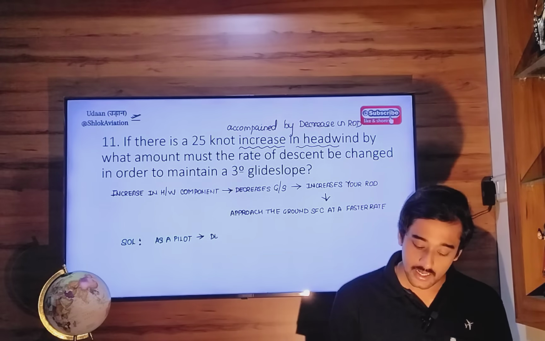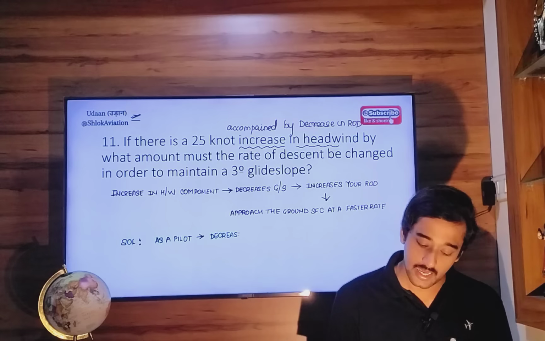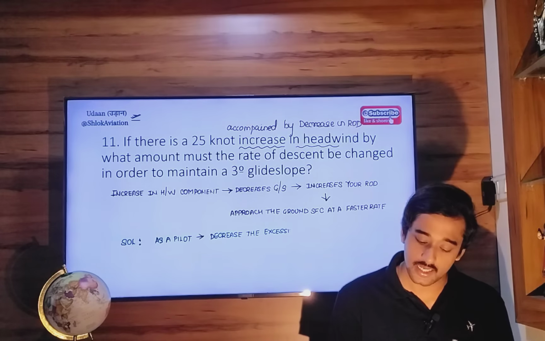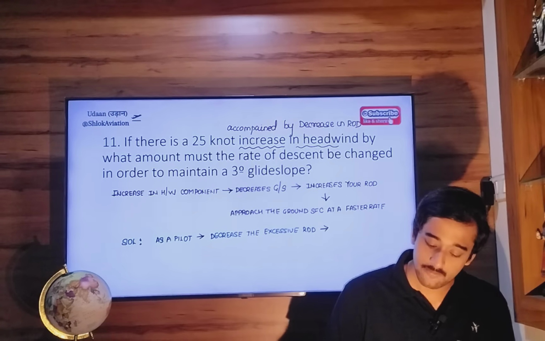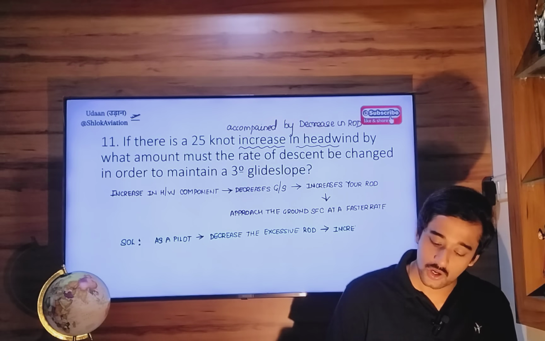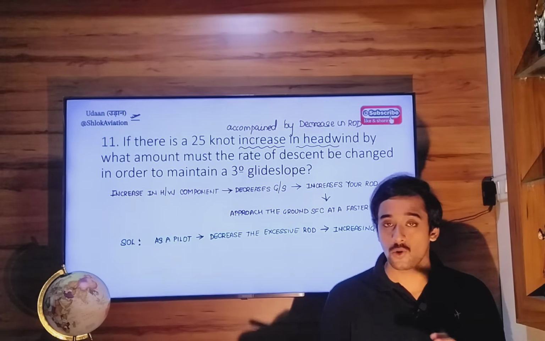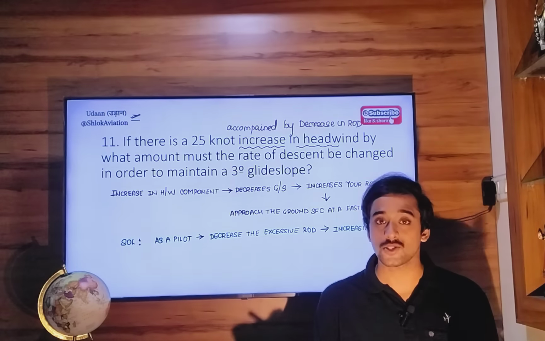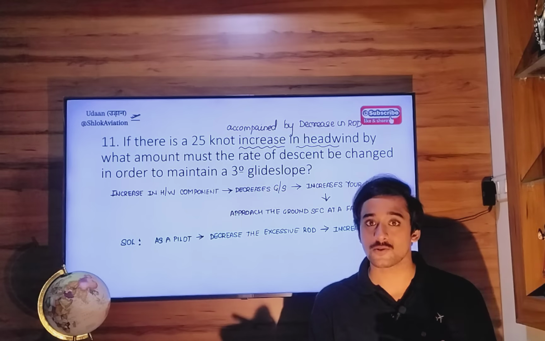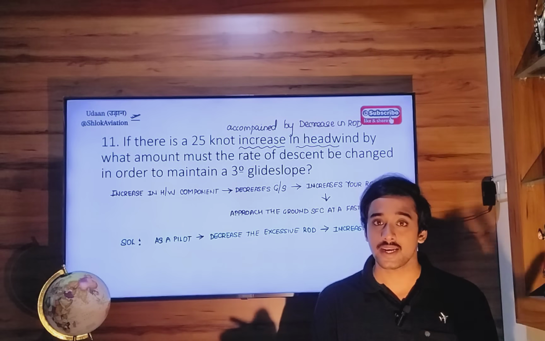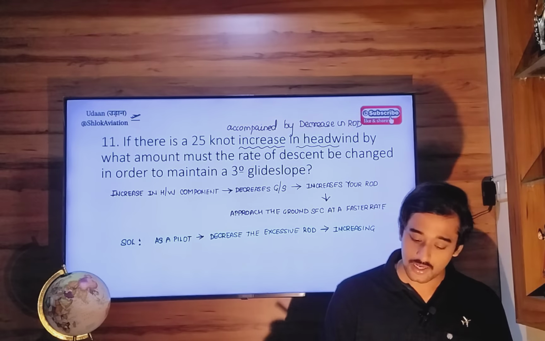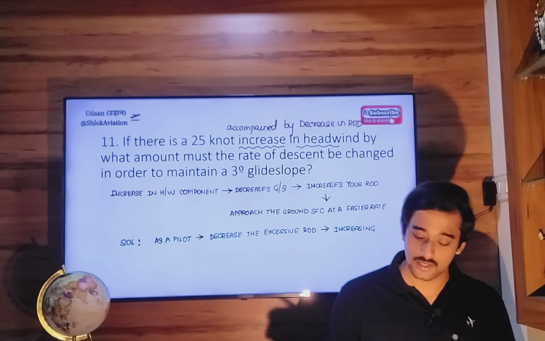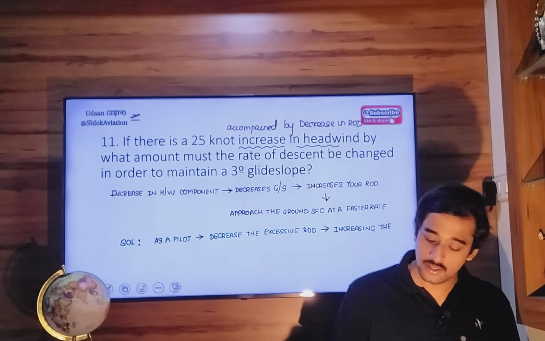You will decrease the excessive rate of descent caused by an increase in headwind component by increasing your engine power. If you have flown, you must know this. If you haven't flown yet, you will apply this concept when you start doing solo landings, and you will have practical experience of this. So decrease the excessive rate of descent by increasing the engine power.